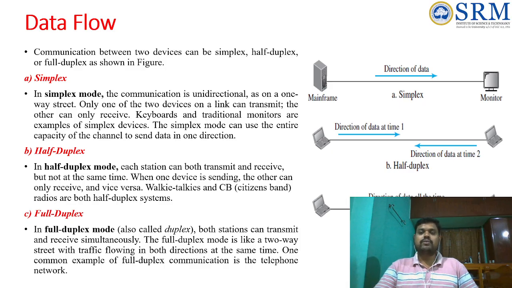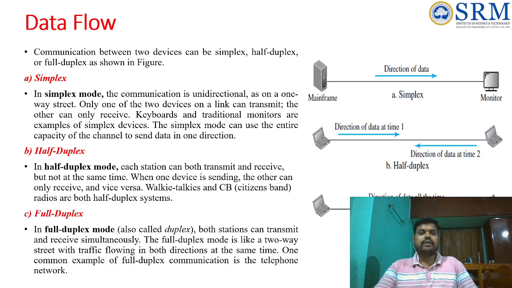So half duplex means communication is possible in both the directions, but not at the same time. Whereas full duplex, communication in both directions is possible without any restrictions, in other words, a bidirectional communication at all times, right? So these are all the different types of data flow.